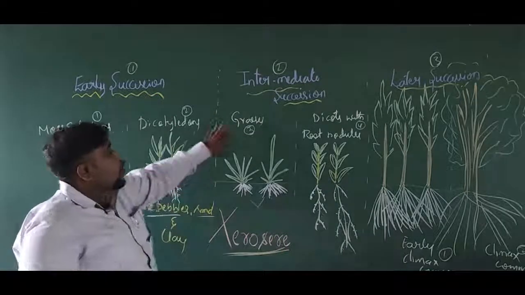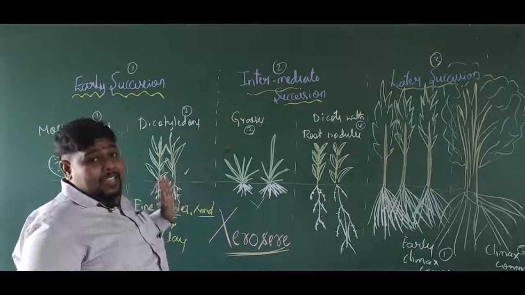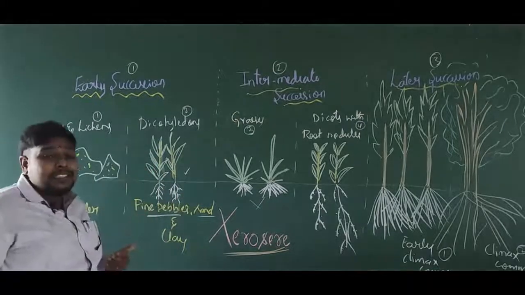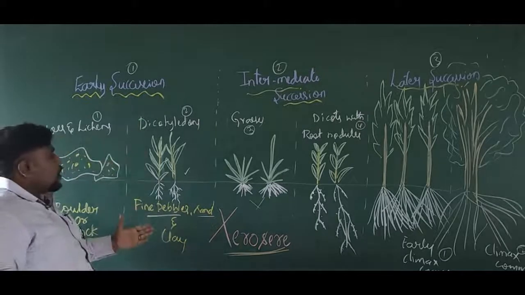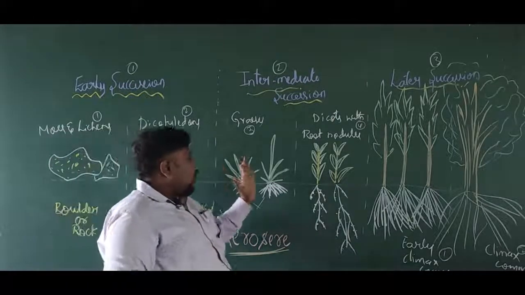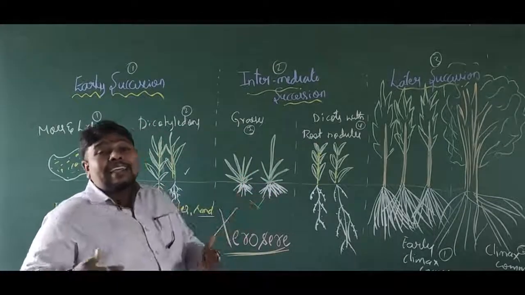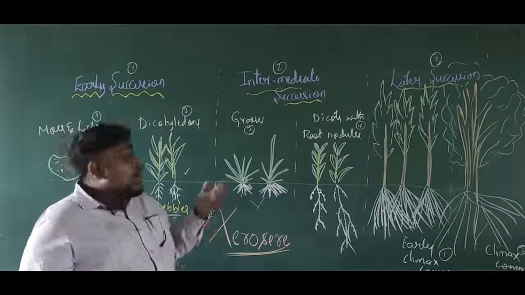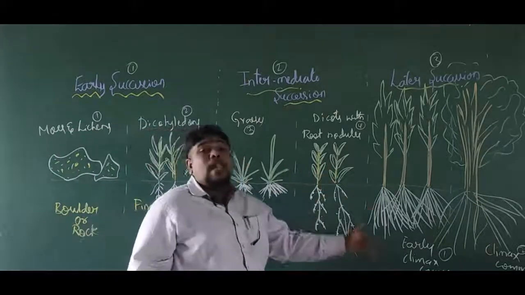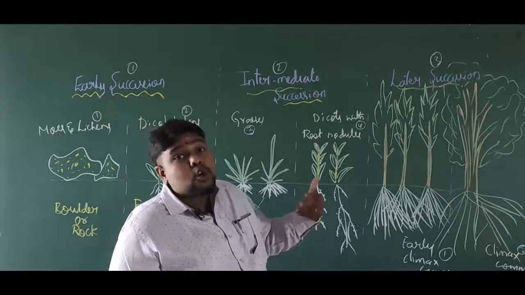Followed by that, we have the grass stage. There is the formation of grass here. So the gradual evolution here is lichens, dicotyledonous plants, grasses. Because of the growth of these grasses, the soil is enriched with various nutrients, and those nutrients add up for the growth of dicotyledonous plants with root nodules.